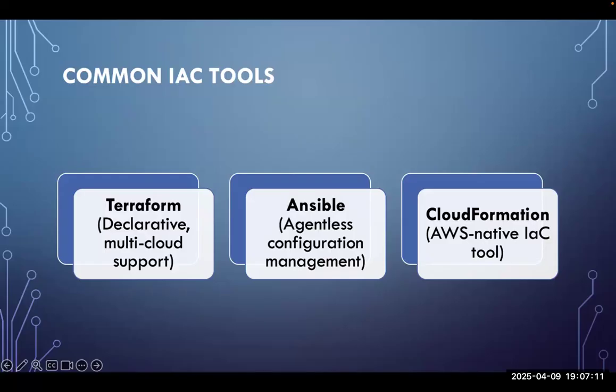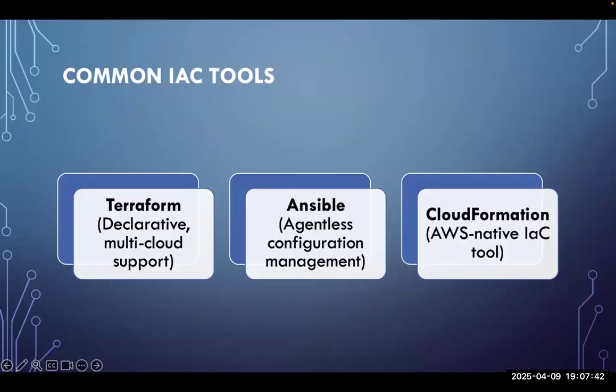It allows teams to provision resources across multiple cloud providers like AWS, Azure, and Google Cloud using a single configuration. With its state management capabilities, Terraform enables engineers to track infrastructure changes, making it ideal for large-scale deployments where consistency is key.